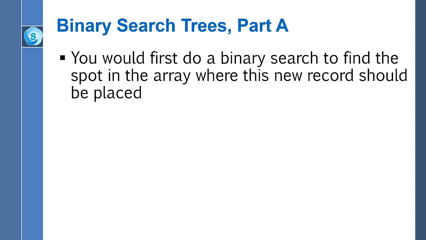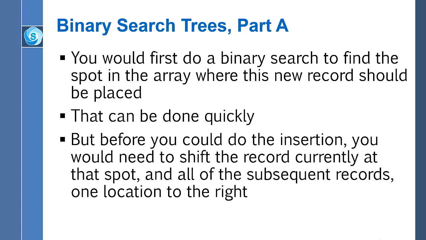Well, first thing you do is you go through the array doing a binary search to try to find and see if Fearless Leader is already in the array. And once you discover that it's not in the array yet, then at least you'll have figured out where it belongs in the array. And as I said earlier, at that point, you can proceed like we did with insertion sort.